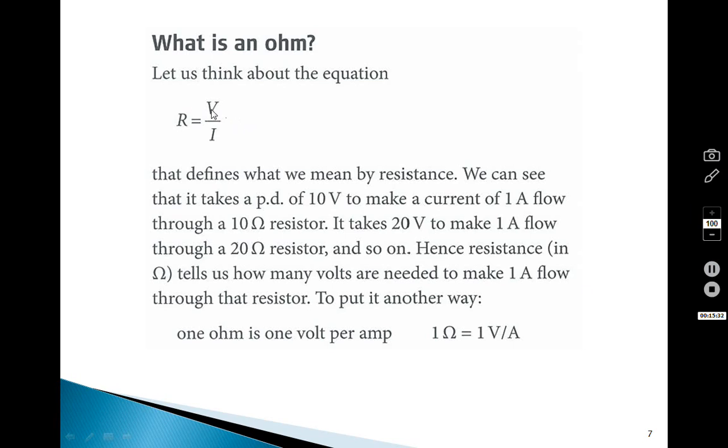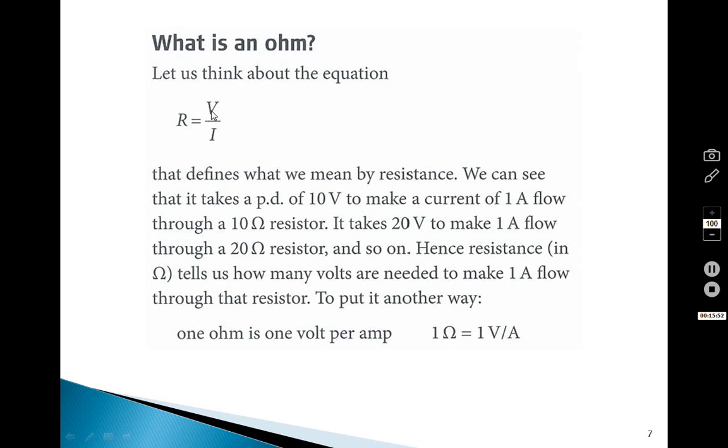So now let us think about this equation here. R is equal to what? V over I. Now we are going to discuss what's the relation between the value of V and the value of I and R. So this is what is an ohm.